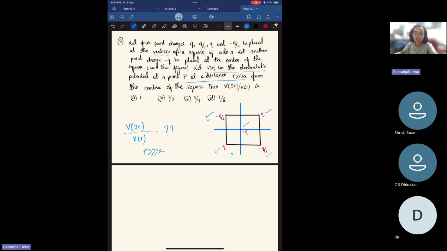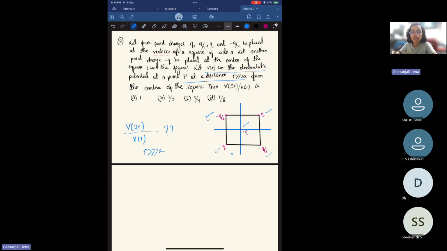Whichever is non-zero, that term will dominate first. So if monopole is non-zero, then monopole will dominate. But if monopole is zero, then you have to see whether dipole is non-zero or not. And if dipole is non-zero, then the dipole term will dominate. But if dipole is also zero, then the quadrupole will dominate.